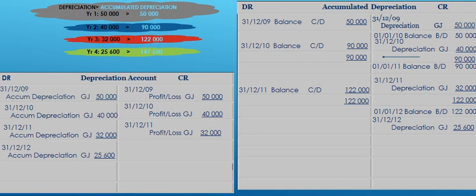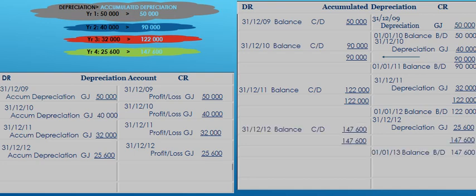The expense depreciation account at the end of 2012 will be closed off to profit and loss on the credit side, while the accumulated depreciation will be closed off by calculating the closing balance on the debit side, which will be carried over to the credit side as opening balance in 2013.